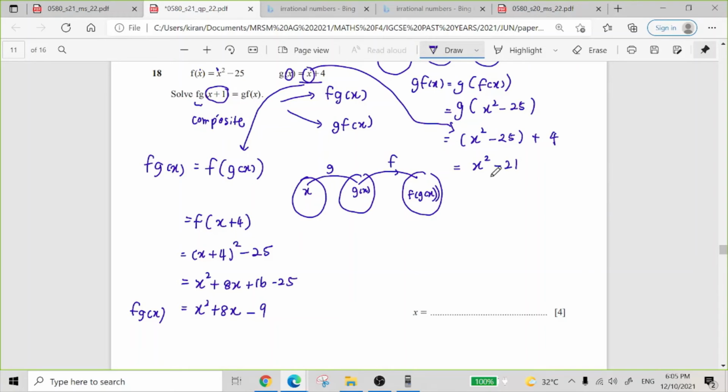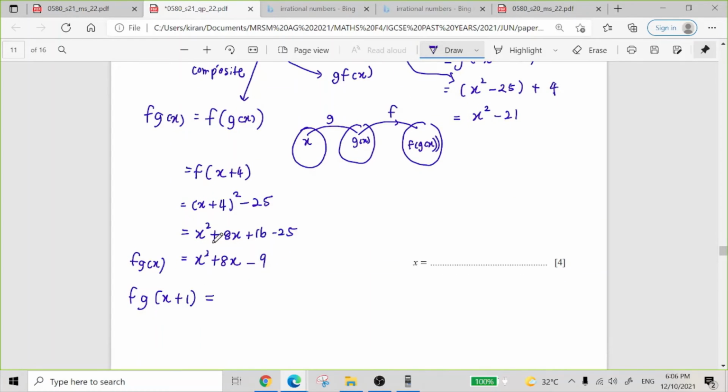So we already have gf(x) and fg(x). Now we substitute the variable x plus 1 into the function fg. So we replace x with x plus 1, and the square of it.